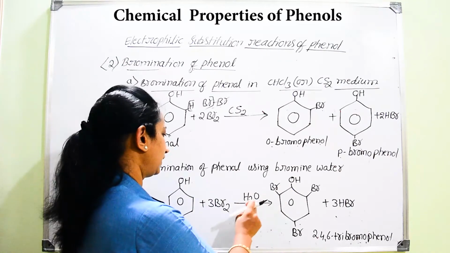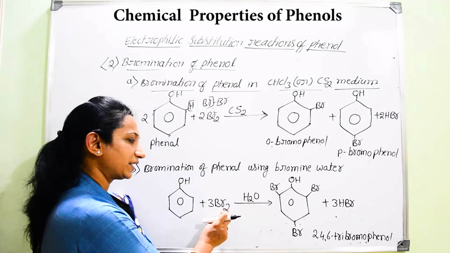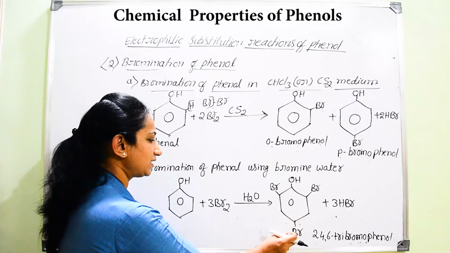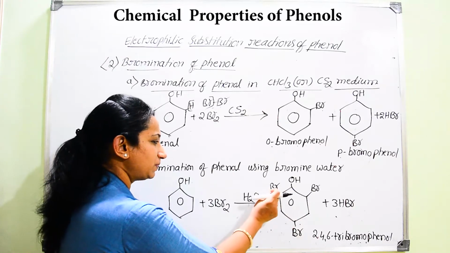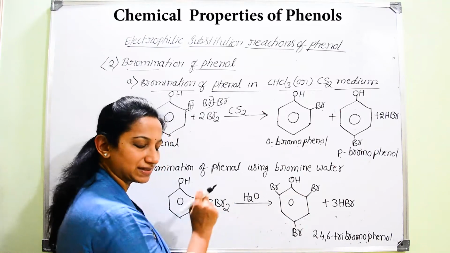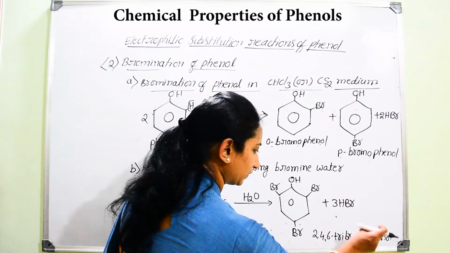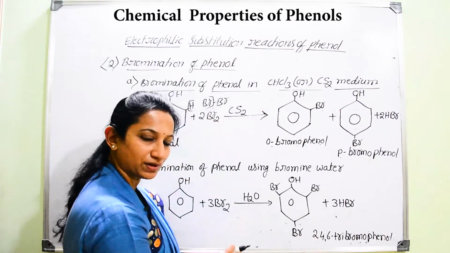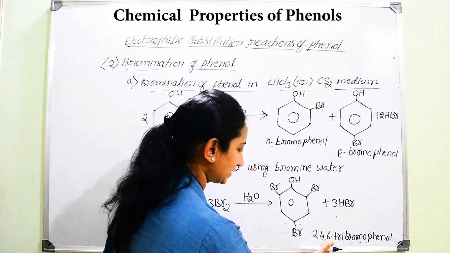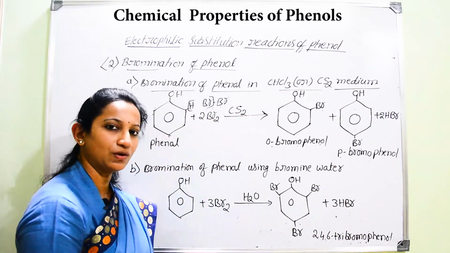There the density of Br will be very much higher, so there will be easy substitution of Br at both the ortho positions as well as the para position. Hence you are going to end up with the formation of the main product 2,4,6-tribromophenol.